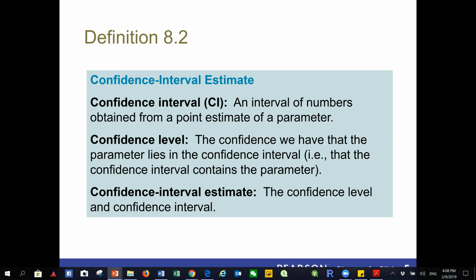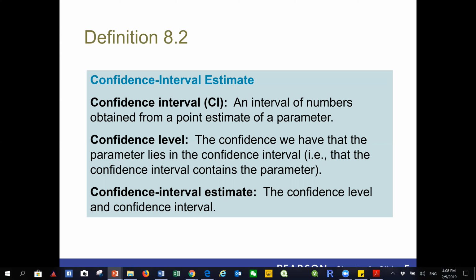So to increase the probability, which is to increase the confidence level, we use an interval instead of a point to capture the target, the population parameter.